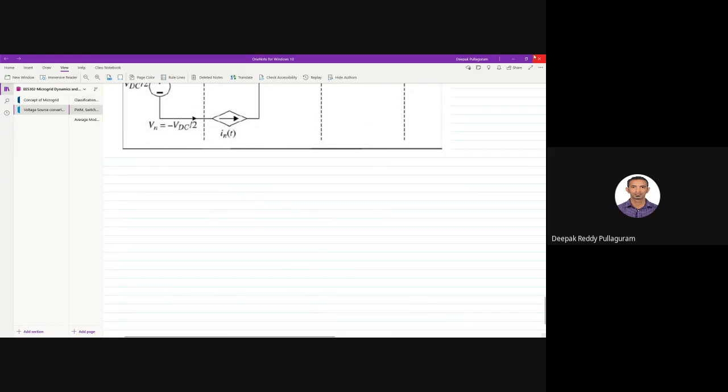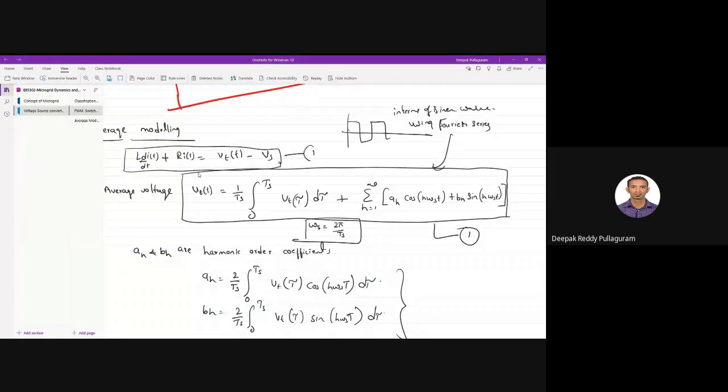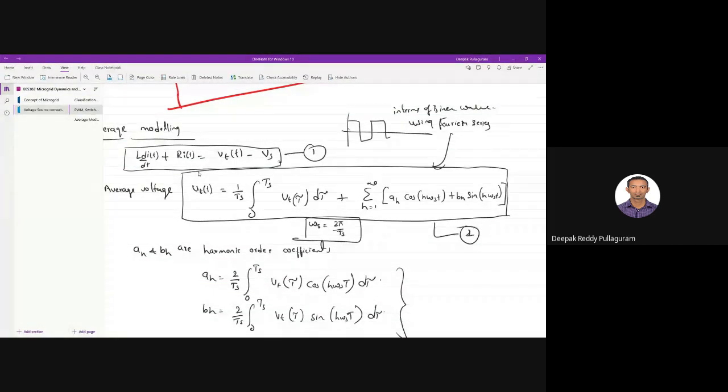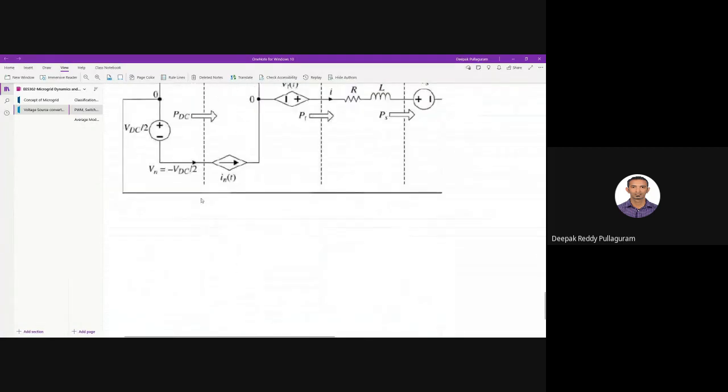Now, let me name this expression 1 and this expression 2. If I substitute expression 2 in expression 1, what can I write?